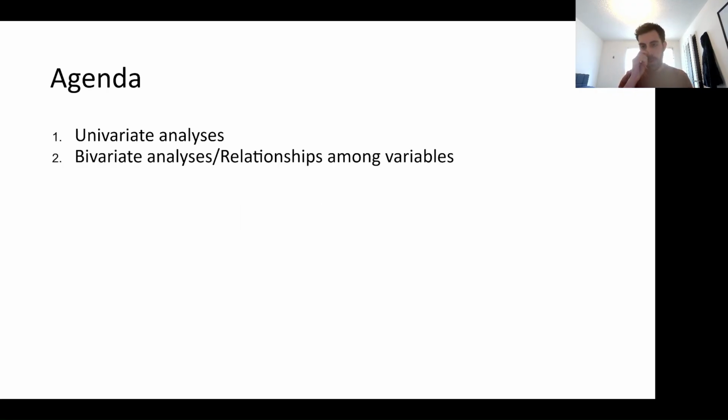So we're going to start with univariate analyses, which, as you can probably tell from the prefix and root of the word, means one variable at a time, and we'll move on to bivariate or two variable at a time analysis, which is really about communicating the relationships between variables. So you're much more limited in univariate analysis in terms of what you can do, but there's a lot of possibility for bivariate analysis, and there's even multivariate analysis where you're incorporating several variables.